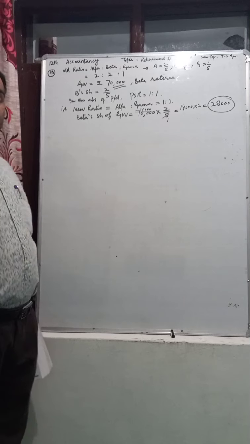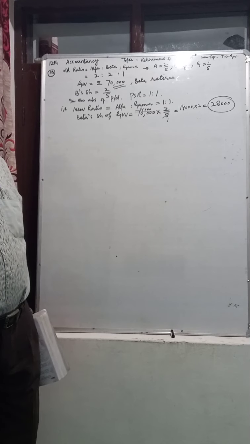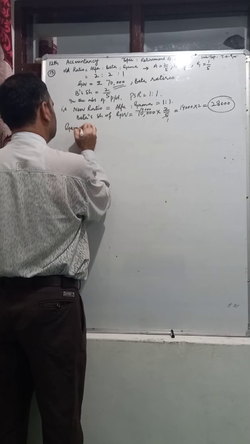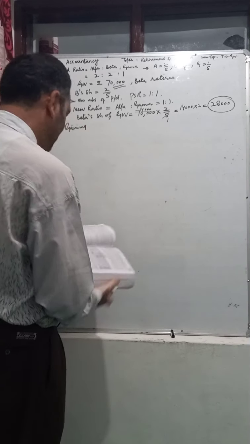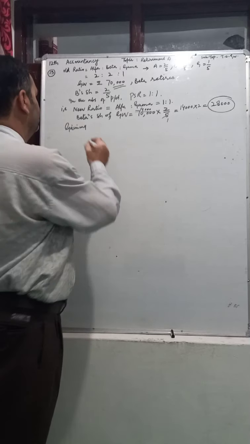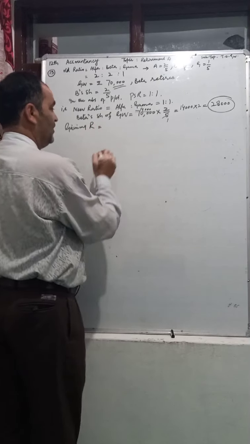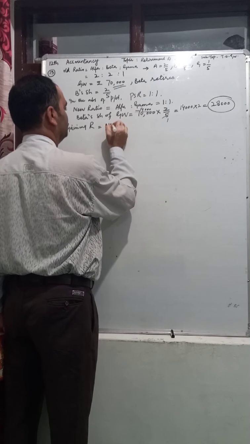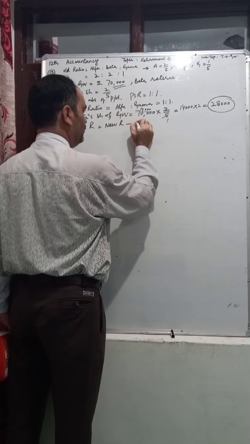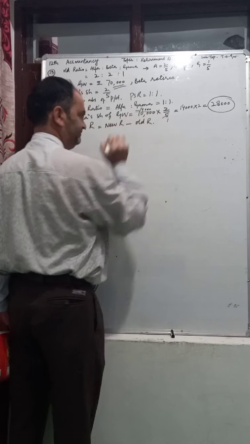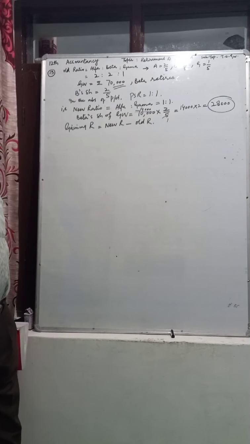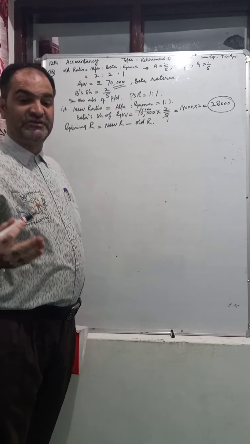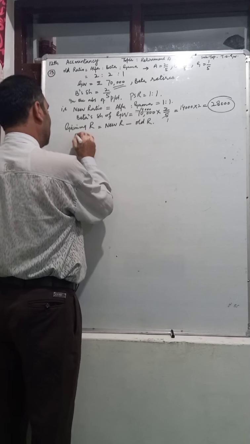Here, our another requirement is the gaining ratio. Gaining ratio is equal to new ratio minus old ratio. The gaining ratio of existing partners when a partner retires. First partner is Alpha.